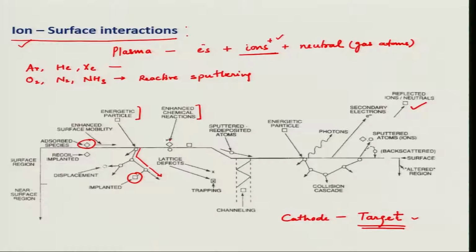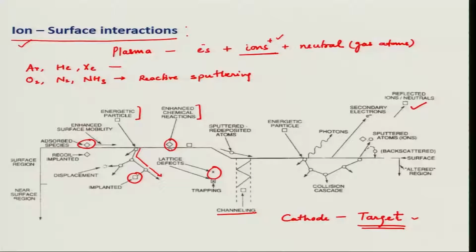They can also react with the target. If we are using ions of a reactive gas like oxygen, nitrogen, etc., then they might react with our target. And in various processes they might also create lattice defects in our target. They might also move deep down into a target by a process called channeling.